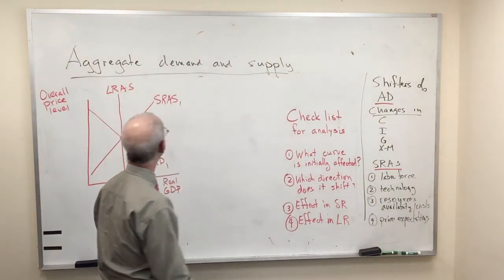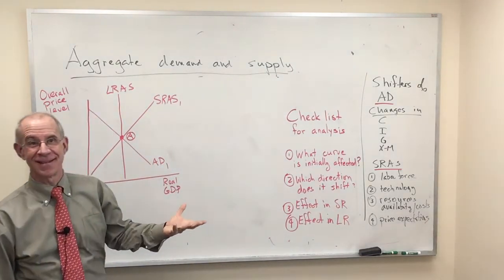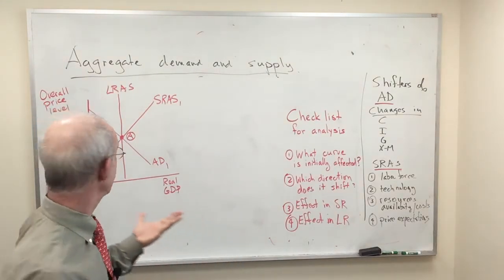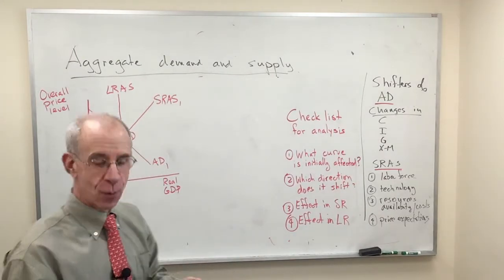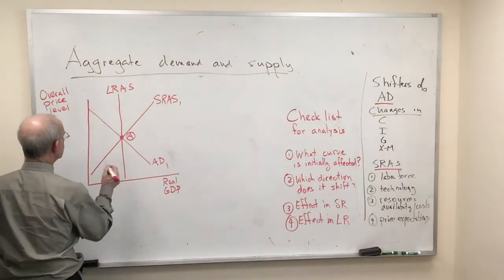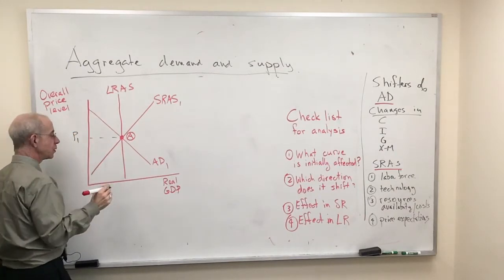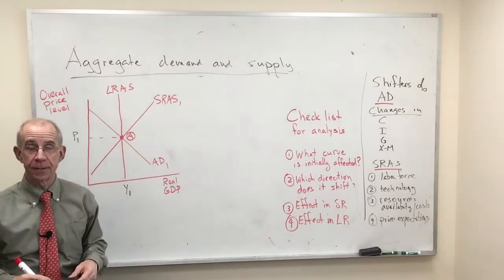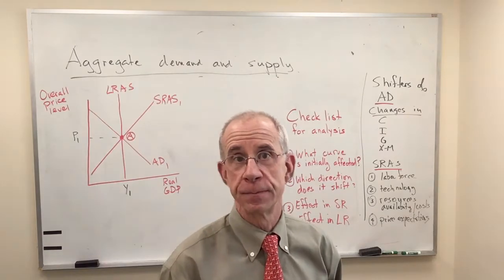Now, not surprisingly, as an economist, when I've got these three curves together, we want to look at where they all come together in order to start. So we've got some initial price level and some initial level of real GDP, where we've got, say, full employment.